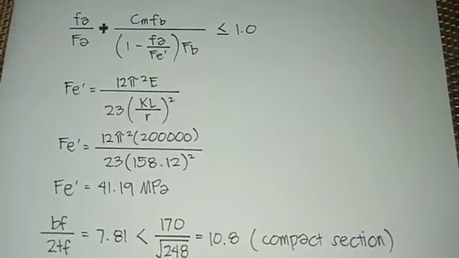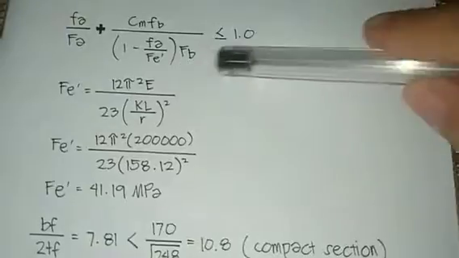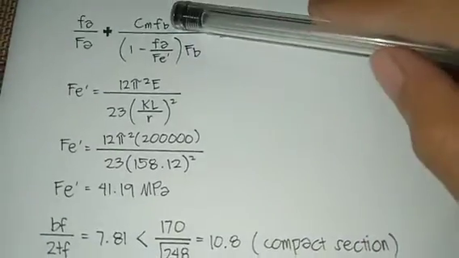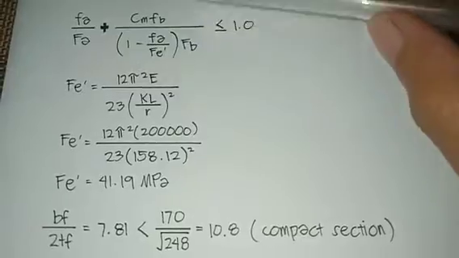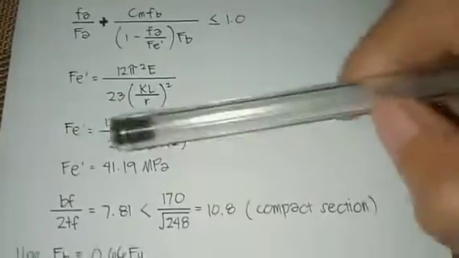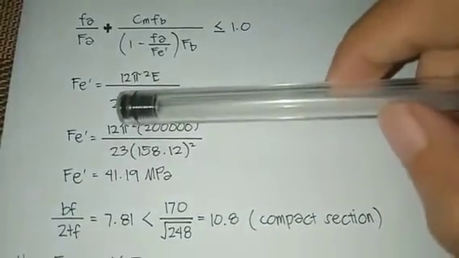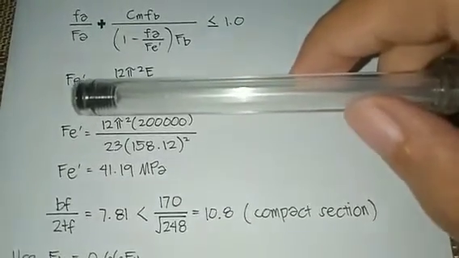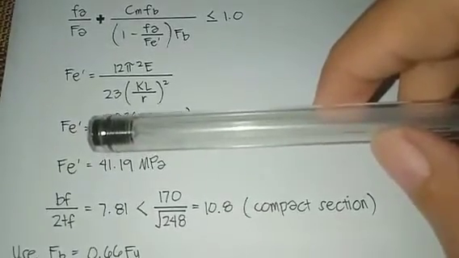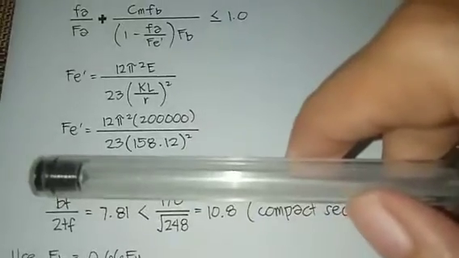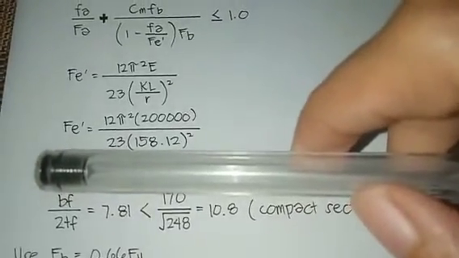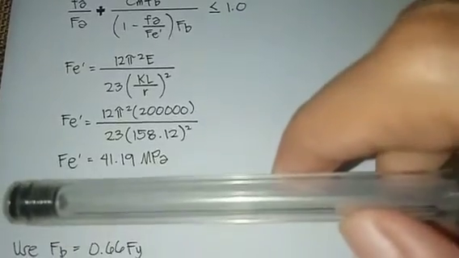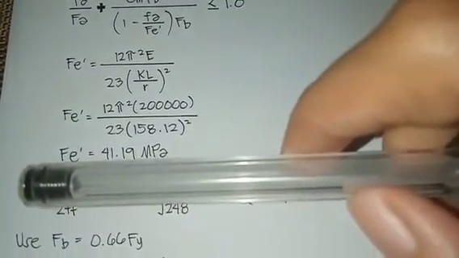Since F'e and Fb are unknown, we find them first. F'e is equal to 12 pi squared times E over 23 times the quantity of KL over R squared. Substituting: 12 pi squared times 200,000 over 23 times 158.12 squared. So, F'e is equal to 41.19 megapascal.